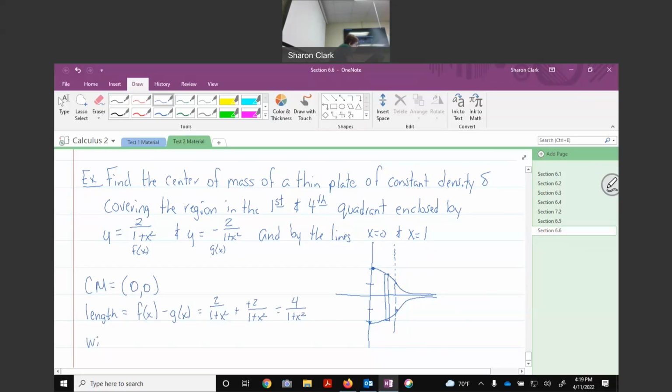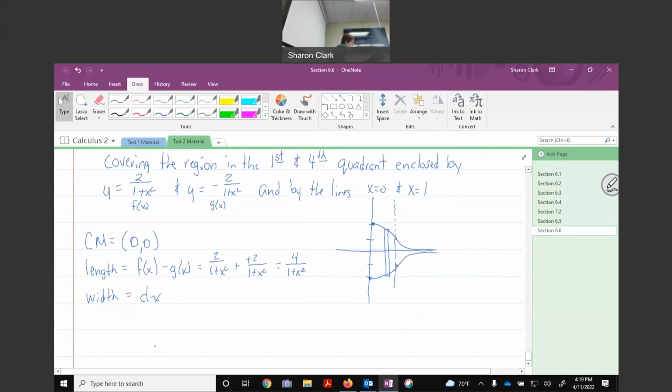Our width equals dx. Our area equals 4 over 1 plus x squared dx. Our dm equals delta times 4 over 1 plus x squared dx.